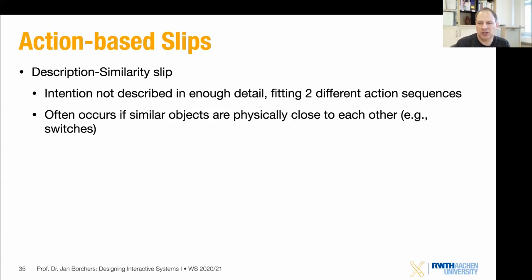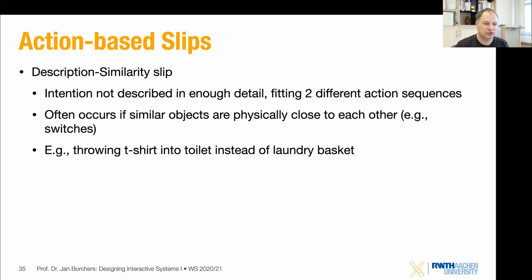But also, you come home from sports, you take off your shirt, you're tired, and you go into the bathroom and you throw the shirt into the toilet instead of into the laundry basket. Because all your brain was able to do at this point was to say, throw shirt into round object that's open at the top, right? And the toilet fitted that bill close enough, so you toss it in there.